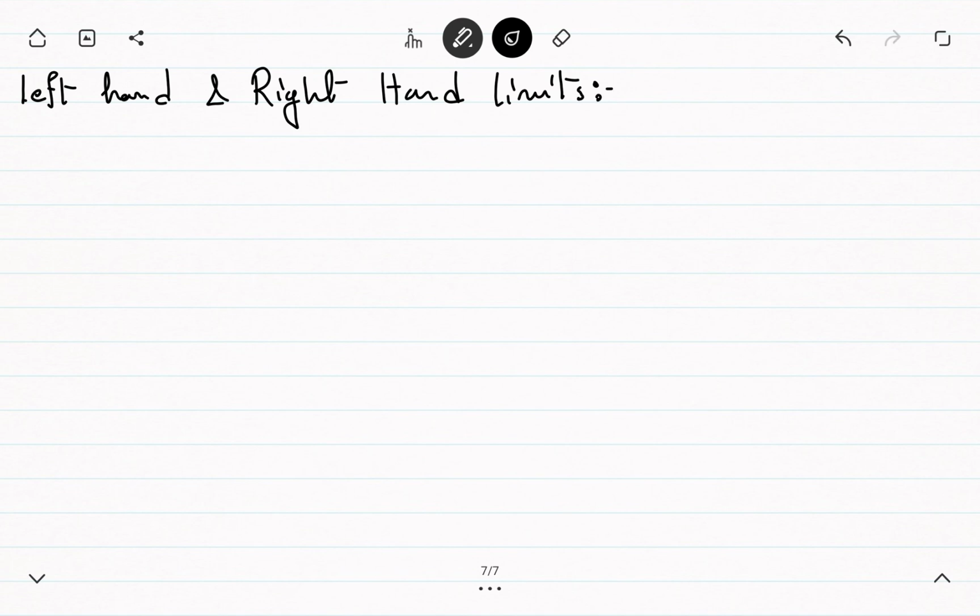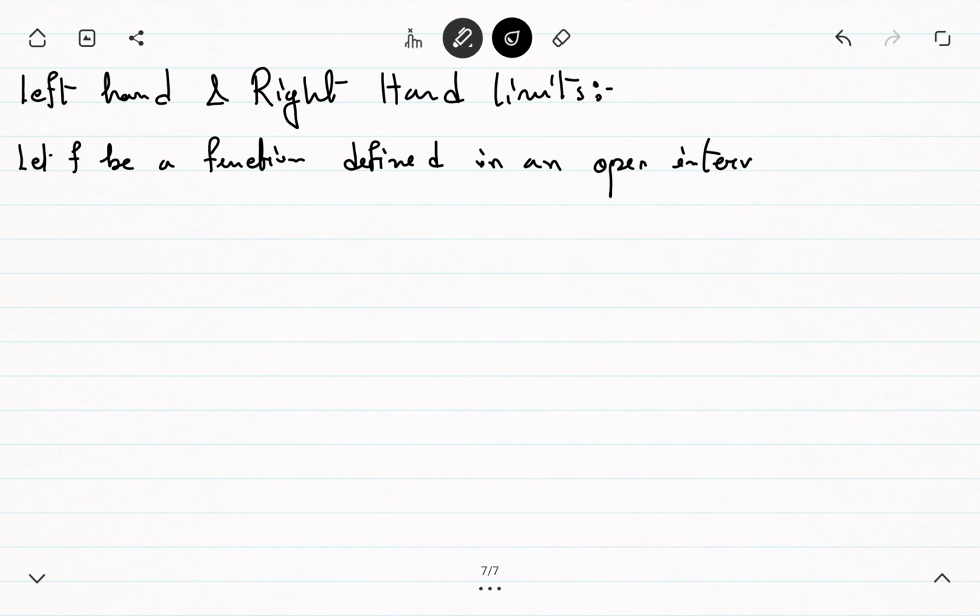Let f be a function defined in an open interval containing c.